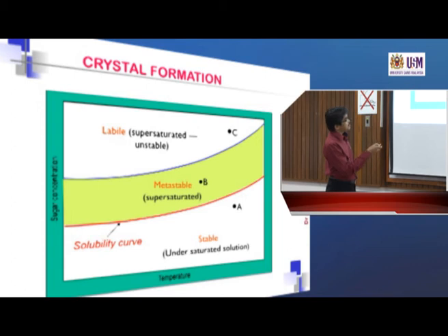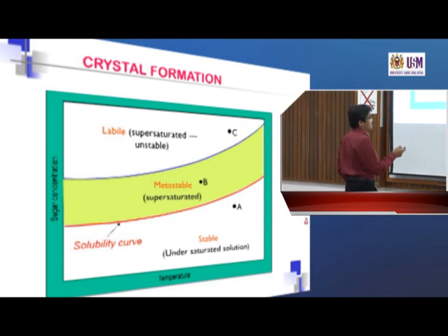So higher concentration of solute at higher temperature, lower concentration of solute at lower temperature. Every point on the solubility curve is also called equilibrium solubility.